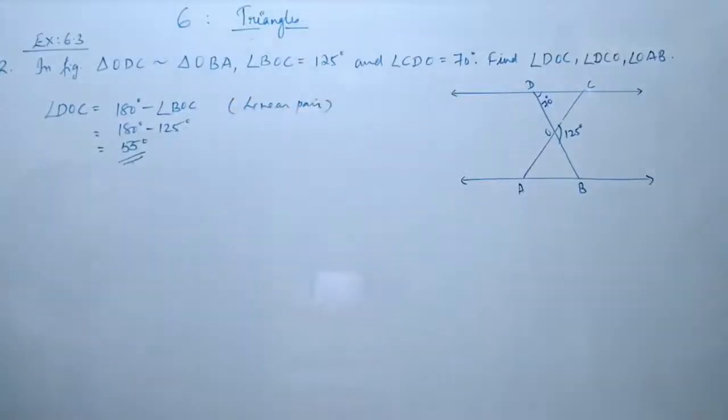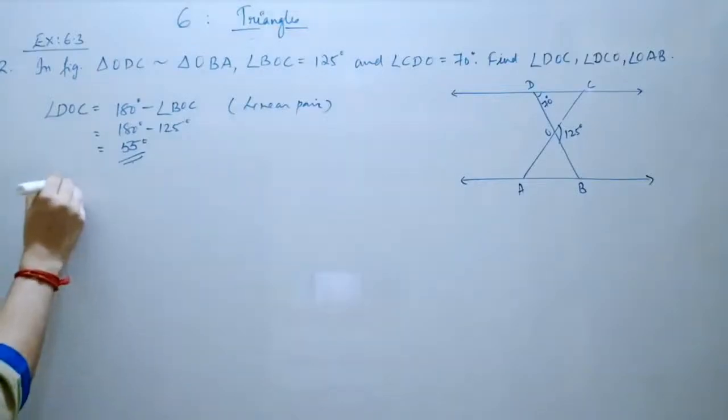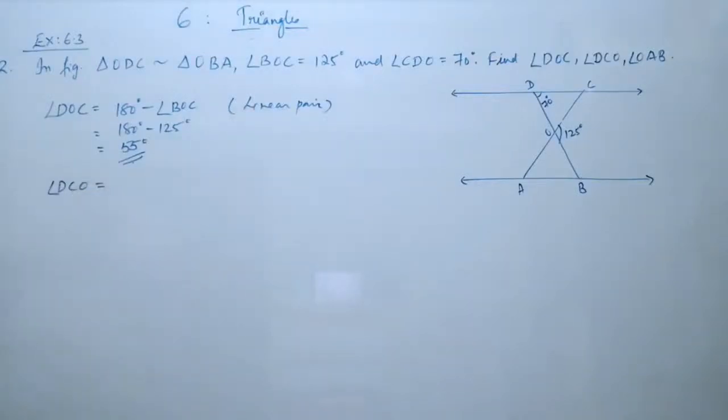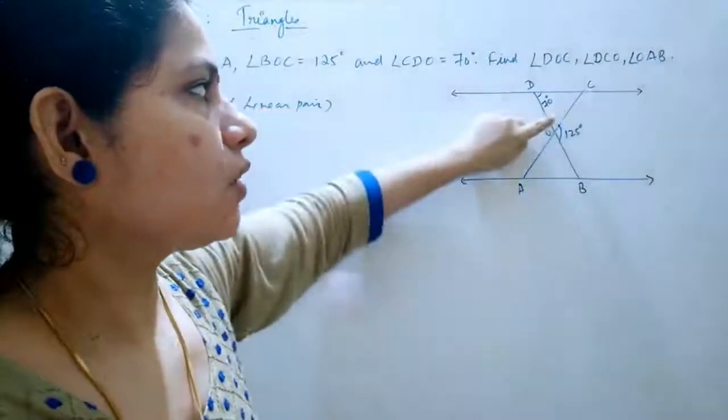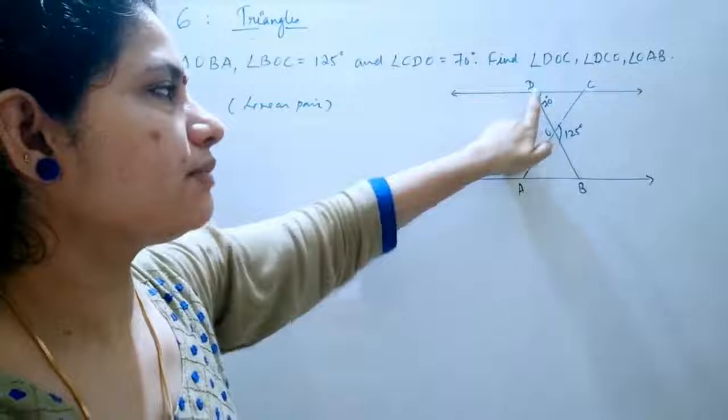Now for the second one, which is angle DCO, just see where it is. DCO means this angle you want. Here you have got this to be 55, and the total sum will give you 180.